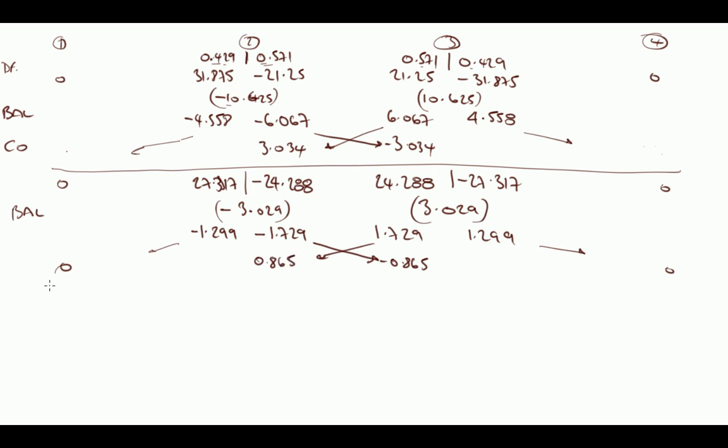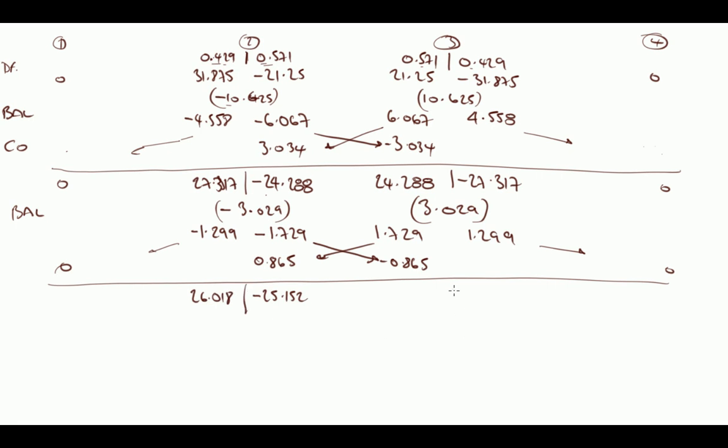Okay, and again I add everything up, so I've got 24.288 minus a further 1.729 plus 0.865 here, so that gives me a total of minus 25.152 on this side. 27.317 minus 1.299 gives me 26.018 on that side.